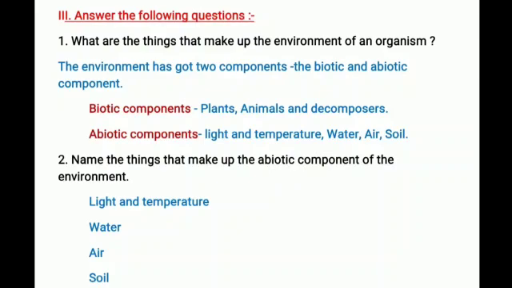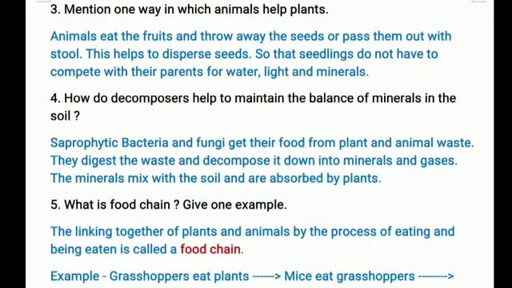Next one, name the things that make up the abiotic component. Just now we learned that abiotic component is made up of light and temperature, water, air and soil. Next, mention one way in which animals help plants. Animals eat the fruits and throw away the seeds or pass them out with the stool.